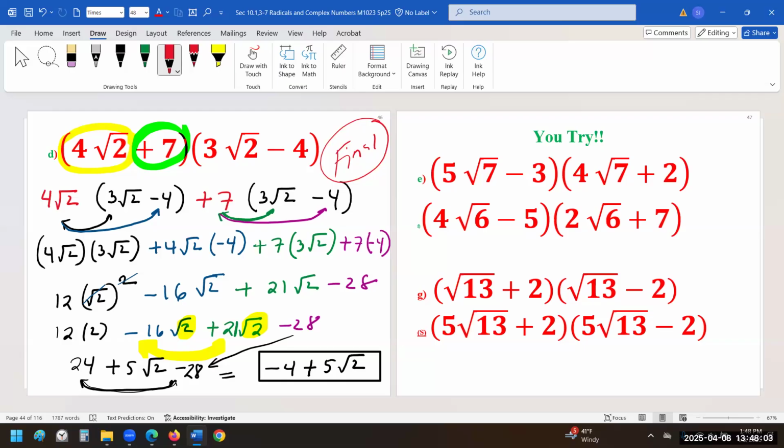Yeah, 5 square into 5 square, 25. But exponent rules, a b square means a square times b square. But it can't be up there, right?